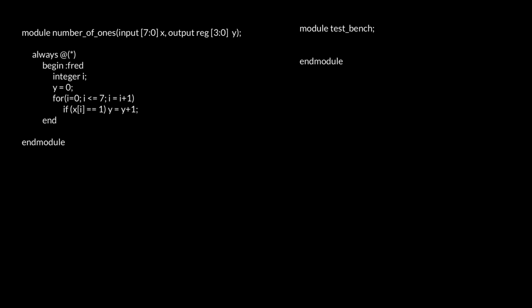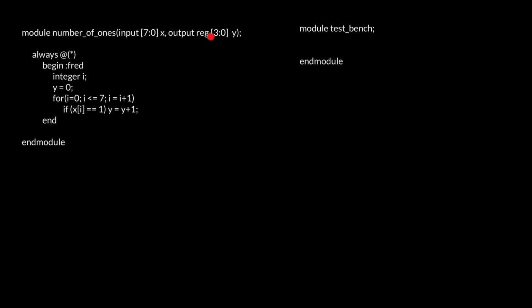And by the way, a very common mistake will be to not allow enough bits in the answer y. So the reason I have got 3 to 0 here is because I ask myself, what is the largest value that y can be? Well, if x contains all ones, then y is going to be the number 8. And how many bits do I need to represent the number 8?